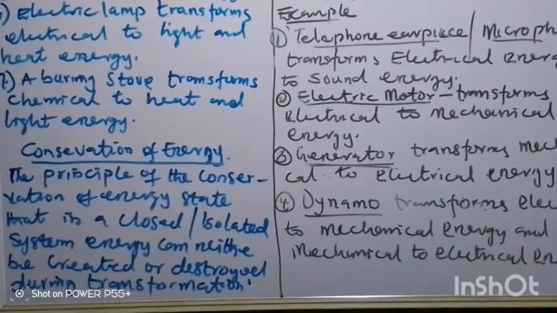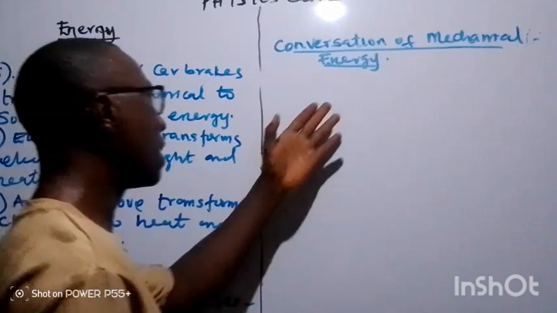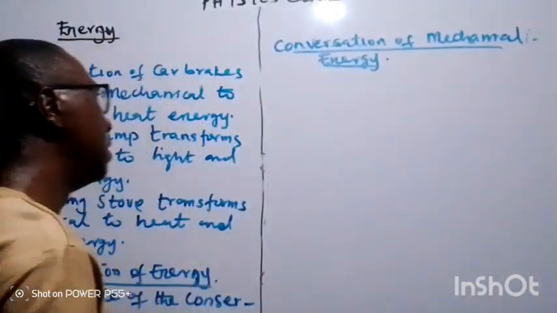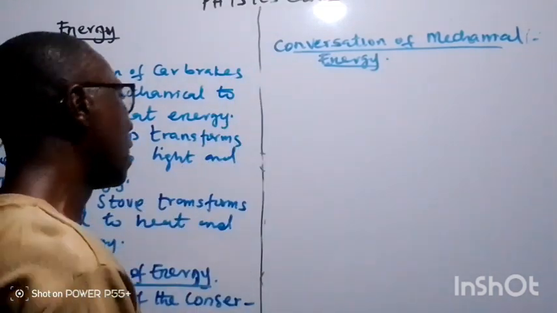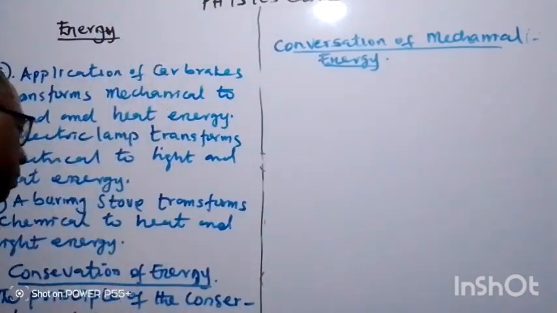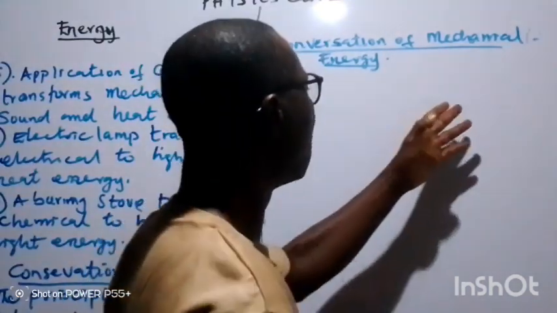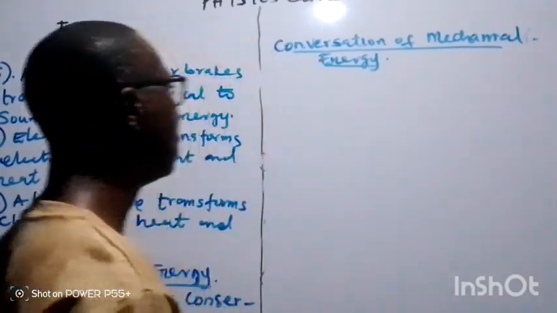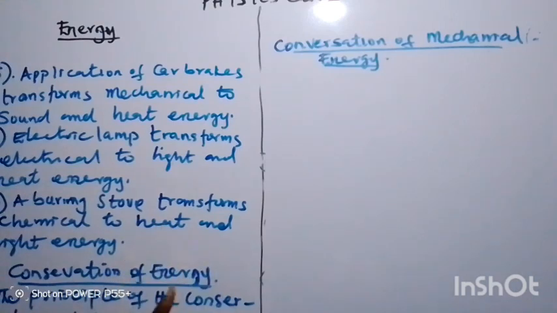Now, conservation of mechanical energy. As we said, the mechanical energy is divided into two, that is potential and kinetic energy. When you now say conservation of mechanical energy, the principle says that potential energy can be transformed to kinetic and kinetic to potential, but the total energy remains constant.